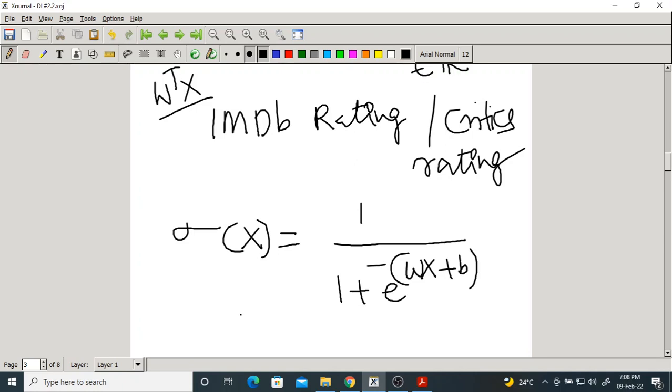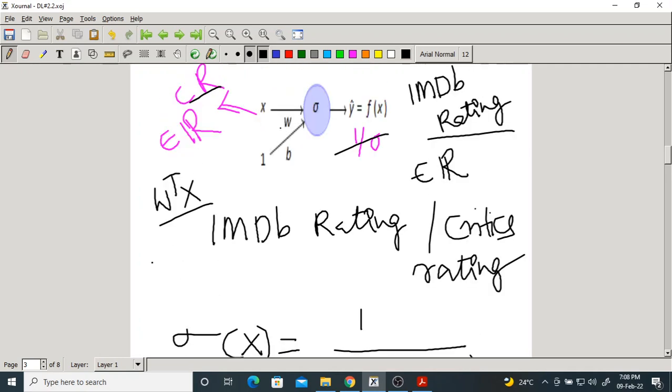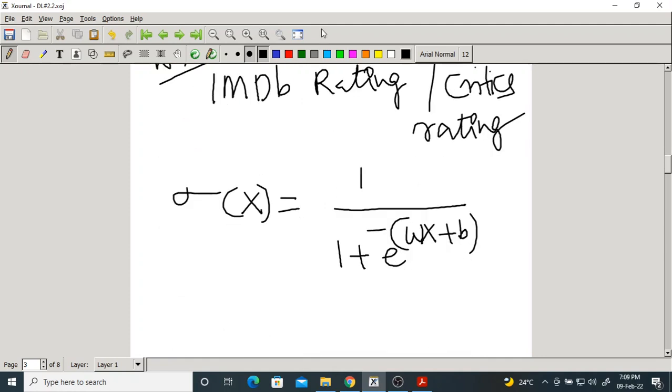There is no transposition required because w is not a matrix, it is simply a value. Why? Because I am taking the simplified version of the sigmoid neuron having only one input. To this input, w is the associated weight, and instead of w naught, I am calling the bias b. Now this is the sigmoid function for the above example.